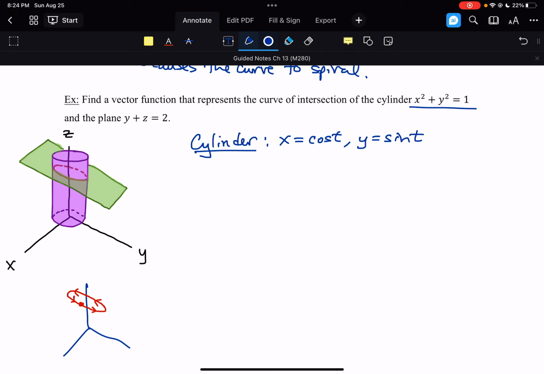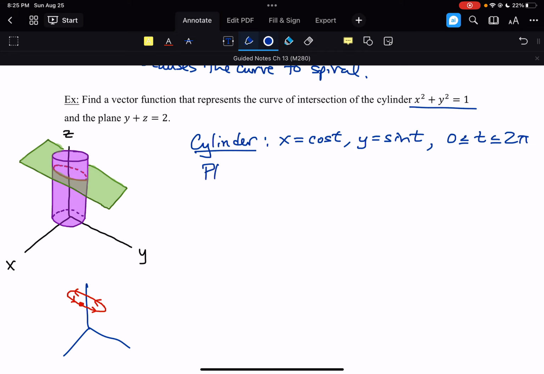Remember, that would give us a circle in the plane. In 3D, this gives us a cylinder, because z is not specified here, so it can be anything. It just grows up. So x and y are given there, with t going from 0 to 2 pi, because we're just going once around the cylinder.